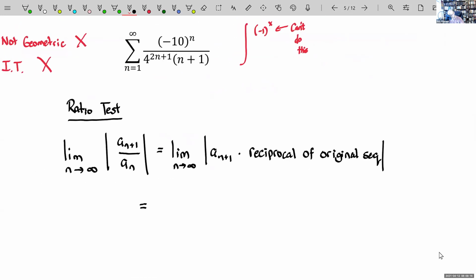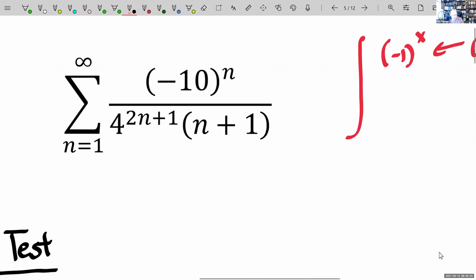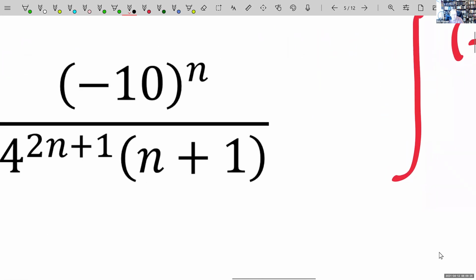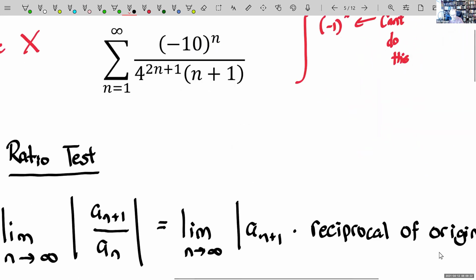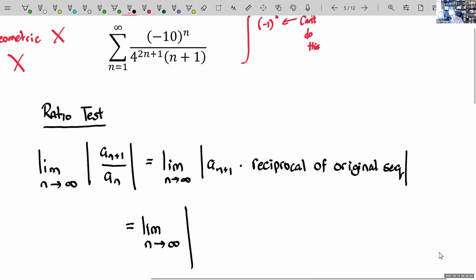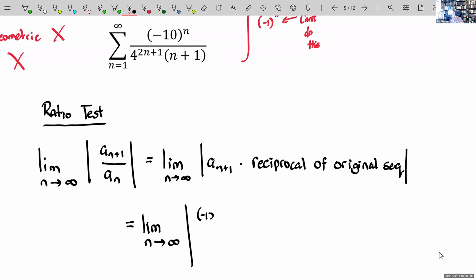That's equal to the limit as n tends to infinity of the absolute value. Let's take this sequence right here and replace those n's with n plus 1s. So I will have a negative 10 to the n plus first power. Downstairs, I'll have 4 raised to 2 times n plus 1, and then plus 1.